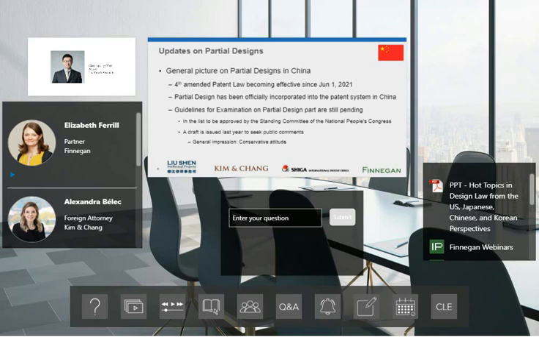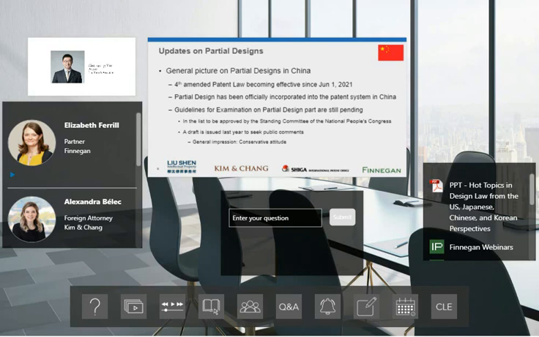So I will start from the partial design. Actually, the 4th amended patent law became effective on June 1st, 2021. In that amendment, the partial design has been officially incorporated into the patent system in China.